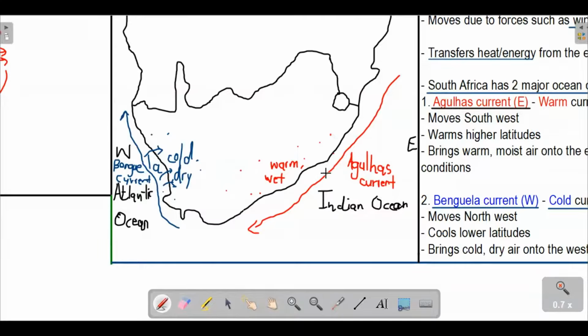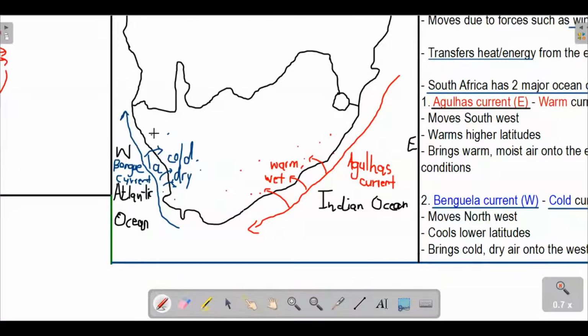So, for example, the Agulhas current brings warm and moist air, or warm and wet air, into the eastern side, and this promotes rainfall. That's what we mean by wet conditions or a wet climate. This warm, moist air rises, cools down, and condenses, and it rains on the eastern side.